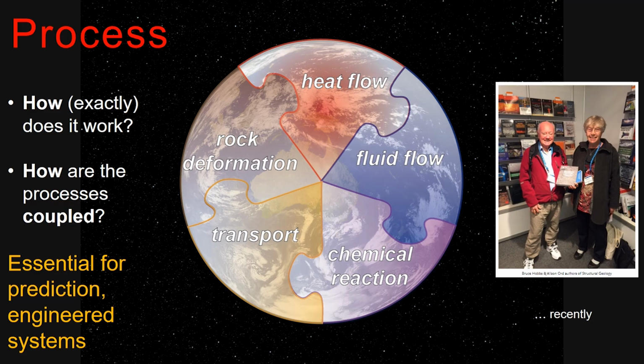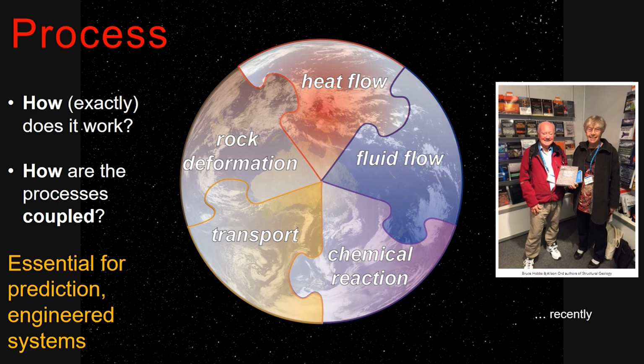They all interact. And to understand the interaction of these processes is essential when we're looking at trying to predict Earth systems, try to predict the stability of a civil engineering structure, or trying to understand the heat production or the energy production from a geothermal system. If we don't have a basic understanding of process interaction, this is not possible.